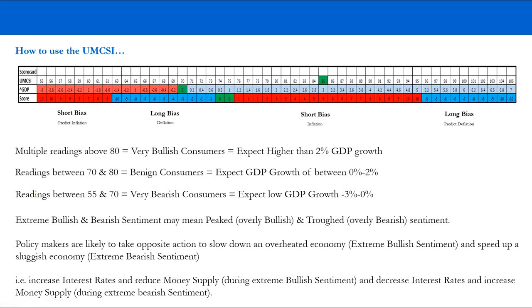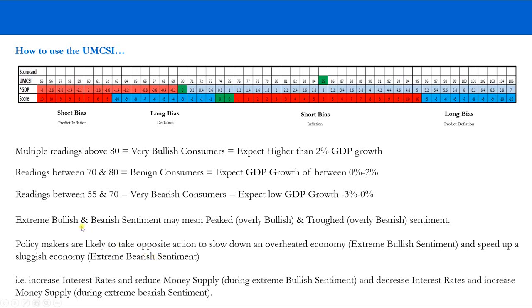And readings between 55 and 70, historically, are consistent with low GDP growth, contractionary levels of 0 to minus 3%, and we get very bearish consumers. In our zones here, we'll explain these in a second, we get different biases because we're predicting inflationary and deflationary conditions consistent with different levels of the UMCSI.